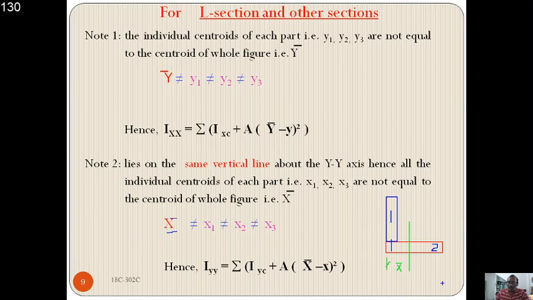So it is not a symmetry, hence not equal. It is not the same vertical line, hence they are not equal to the centroid.